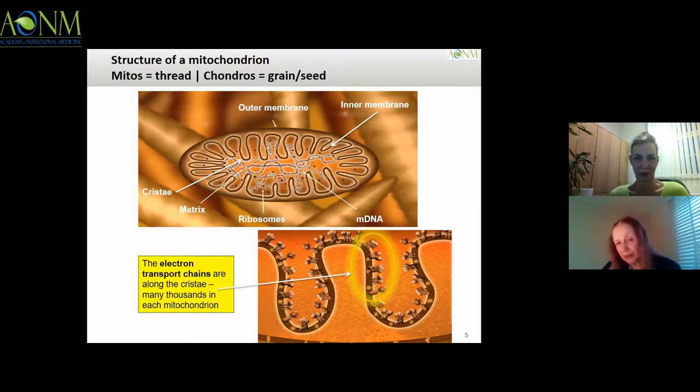In fact, there are thousands of these in each mitochondrion. And those are like little football teams that actually produce our energy in what's called an electron transport chain. And the energy that they produce is called ATP, adenosine triphosphate, and that's the energy currency of our cells. Next, please.